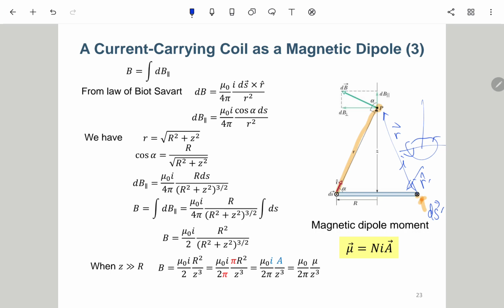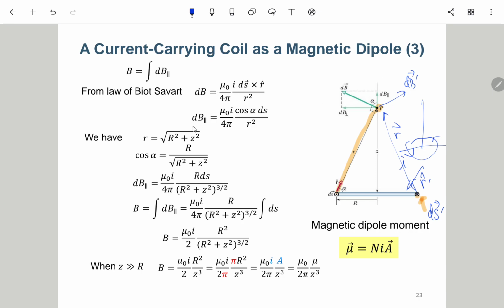So going into the page, crossing to the top left, this dB prime is pointing to the top right. So we can clearly see that dB perpendicular cancel each other. So we only consider the dB parallel component.